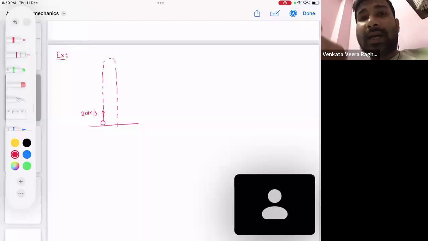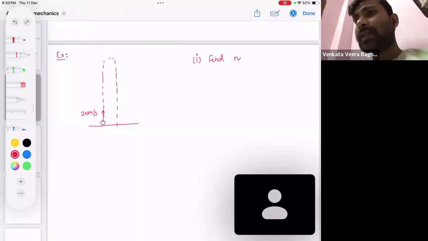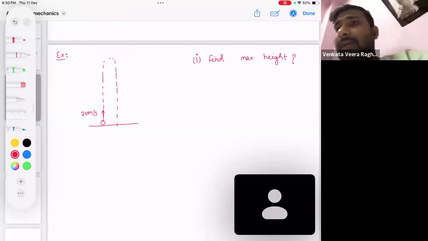So now the question asks two parts. First part, find maximum height. I could again ask you another formula-based question, like find the time of flight or find the time of ascent. But you know that you can get it directly by putting in the formula. Find maximum height.